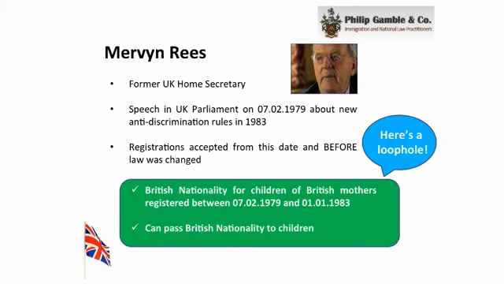From the point when the Home Secretary, Merlyn Rees, announced this change in Parliament, the UK Home Office started to accept applications for British nationality for those that were born to UK mothers, some 4 years in advance of the law being changed. Those that were registered under the early provision in the 4-year lead up to the change in the law have a specific feature in that they can also pass their British nationality down to their children born overseas.